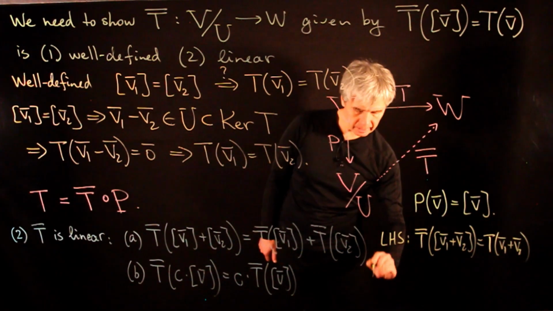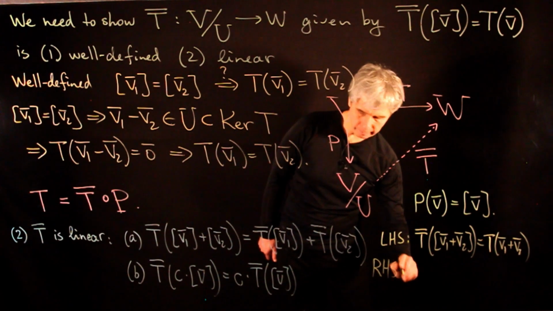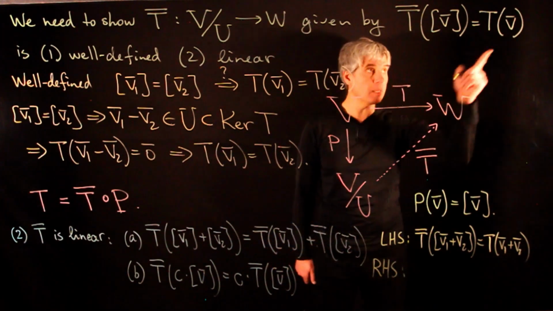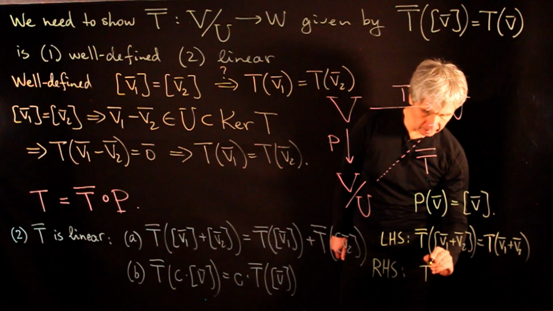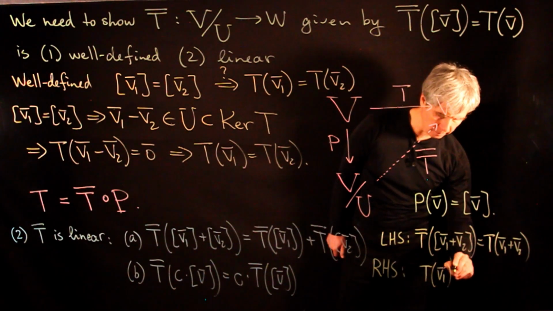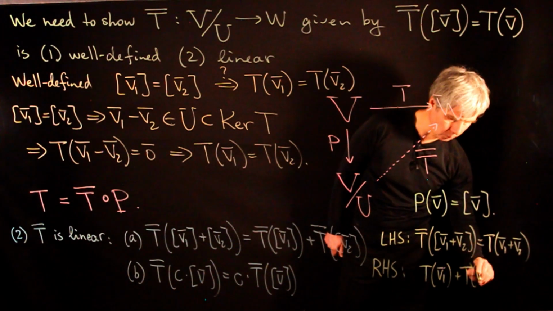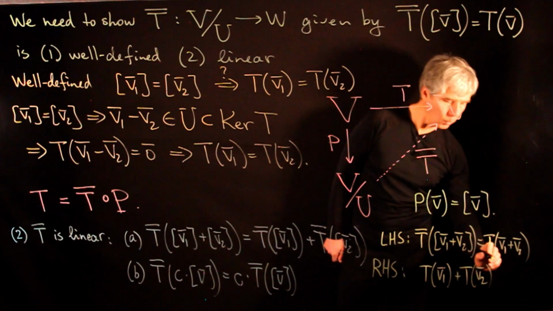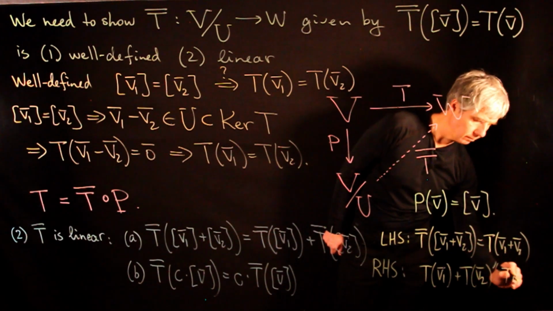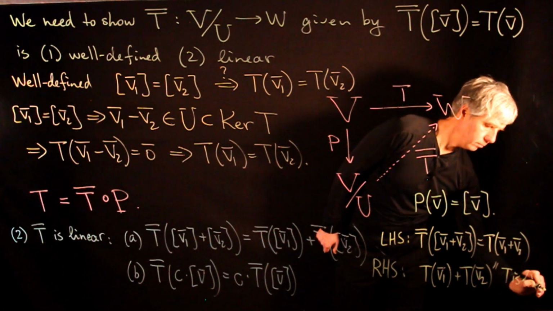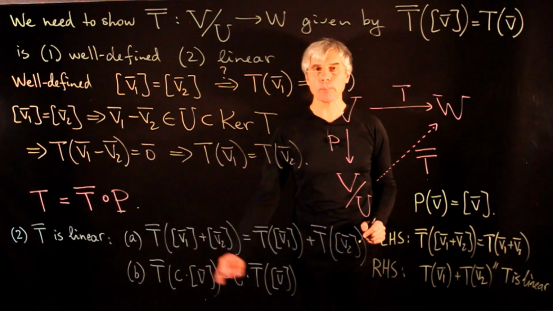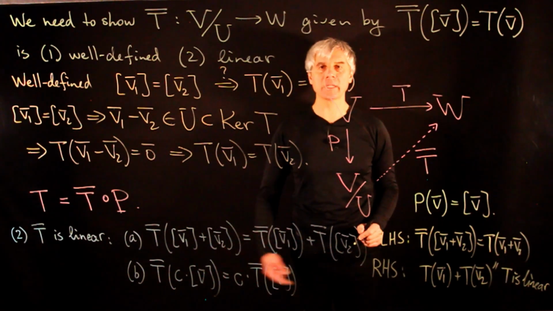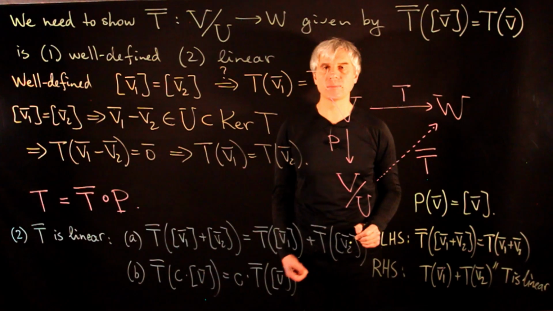And the right-hand side becomes, by the same definition, T of V1 plus T of V2. And we have equality since T is linear. And the second property of linearity, as usual, I'll leave to you as an exercise.